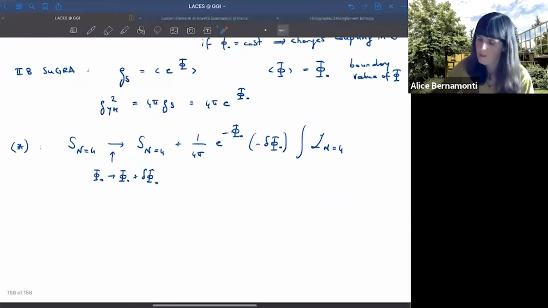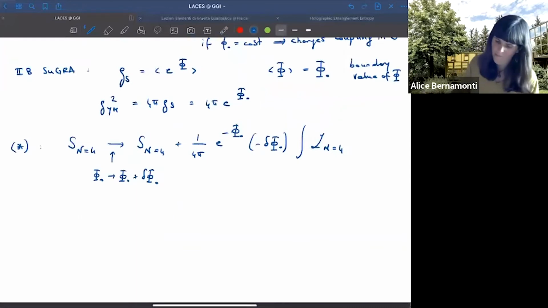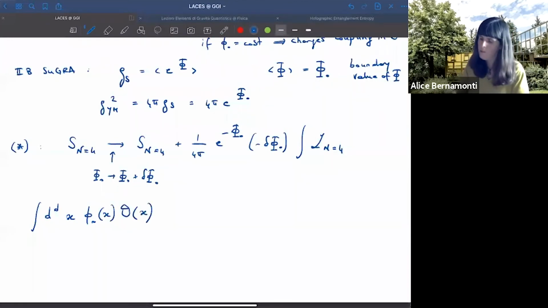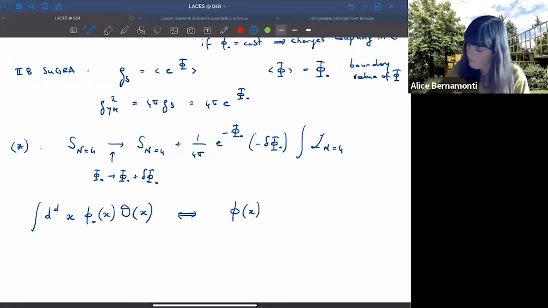Trying to extrapolate from this example, we see that a deformation of the boundary theory for a local operator O with a source phi naught essentially corresponds to a bulk field phi, which corresponds to the boundary operator O(x), and which has a boundary value phi naught.